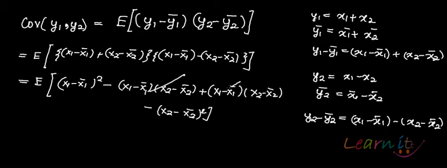The cross terms get cancelled out. So it is E of x1 minus x1 bar square minus E of x2 minus x2 bar square.